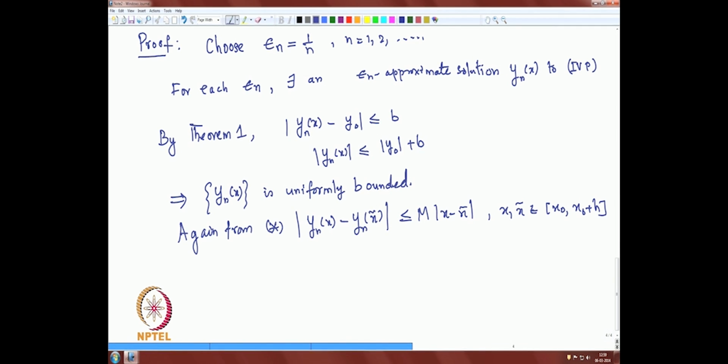So, what does it say? It says that the sequence yn is an equicontinuous family of functions.